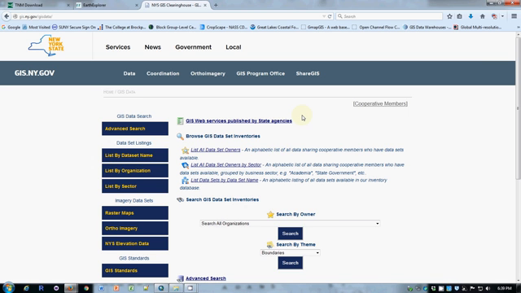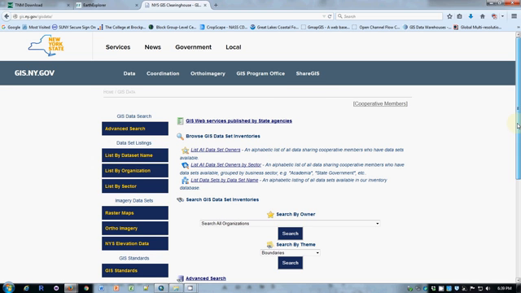You can usually track down the data site for a particular state through Google by searching on state GIS data clearinghouse or state GIS data download, and usually the state GIS data will come up very quickly.